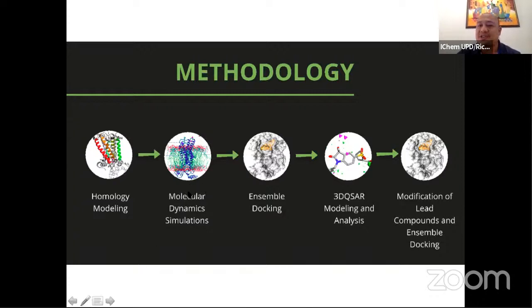If you have a lot of structure for this one, and you have a ligand, or this is what your receptor is, then you have different ligands, or what we call as drug candidates, then you can do ensemble docking. And kung hindi masyadong maganda yung dikit ng mga compounds mo, then babaguhin mo siya. And paano mo siya babaguhin? Dapat babaguhin mo siya na hindi trial and error din. So you have some sort of a modeling, which is we call as 3D QSAR, to do that. And then you can do modification of your compounds or your leads.